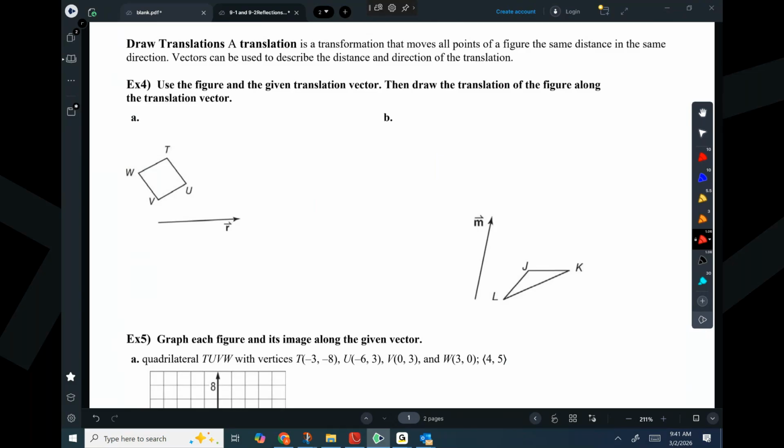So basically what you're going to do is take each point and move it along that vector. We're going to take that vector, this is the distance of the vector, and you're going to start from T and draw that vector, yeah? Maybe about here, right? That's going to be the new T, right? Can you see the translation vector I'm doing? Like this, you see it?